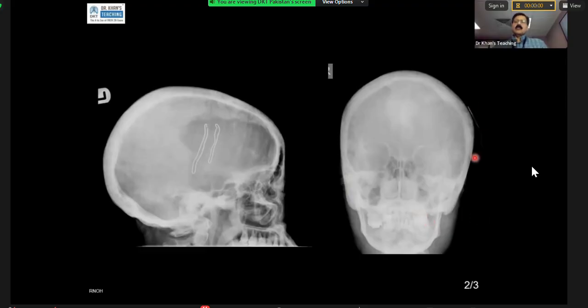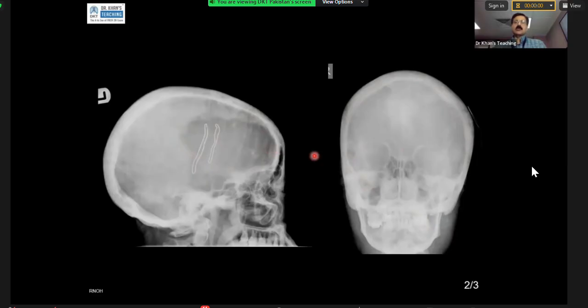So this is Paget's disease, and in Paget's disease there are 3 phases actually. One is the lytic phase, which is a very active phase. One is the mixed phase, and one is the sclerotic phase, which is very chronic. Key point is that it will cause thickening of the calvarium, and this calvarial thickening is there, and there is a lucency there. We call it osteoporosis circumscripta, and this is classical Paget's disease.